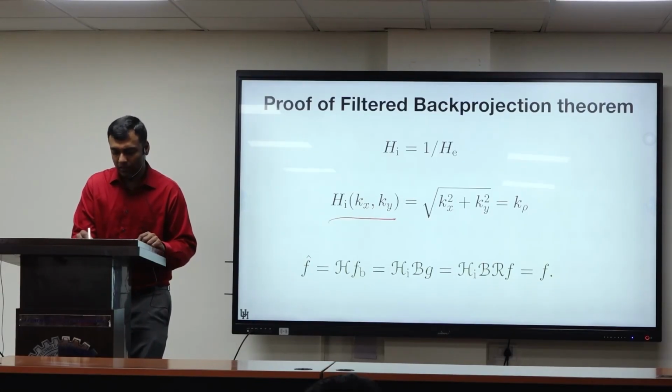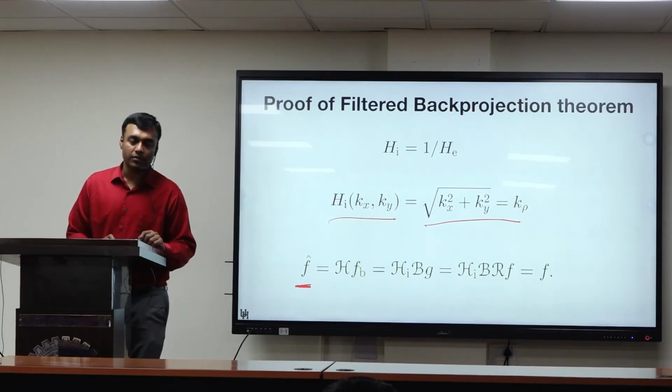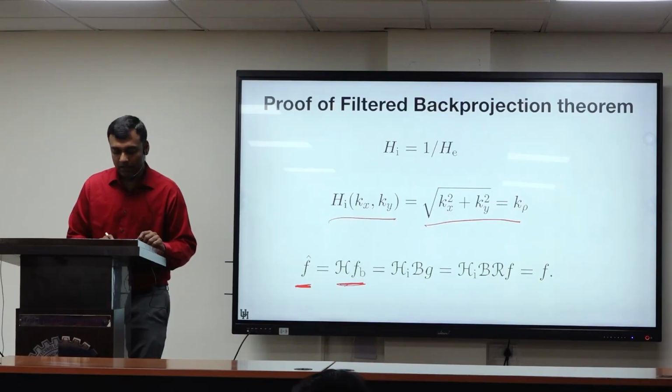This is again a definition of the filter. The estimate of your data f hat is basically H, some filter, times the back projected data, which is B times g, the back projection of the data.